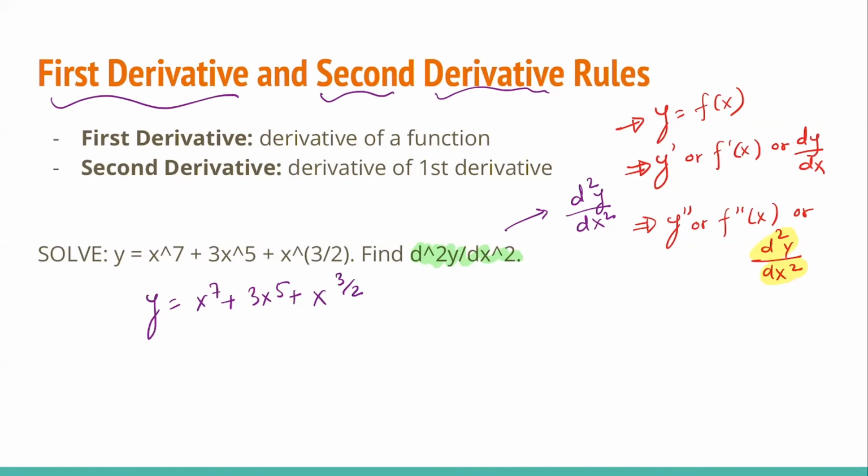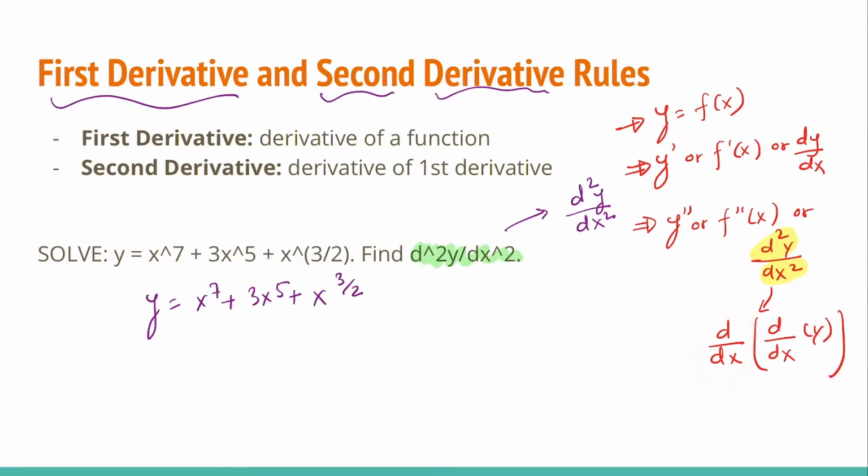Well, actually, this is the derivative, or d over dx, of the first derivative, right? Which is d over dx of the function y. So if I expand this, whatever I have in the parentheses is the first derivative, and the derivative of the first derivative is d over dx.